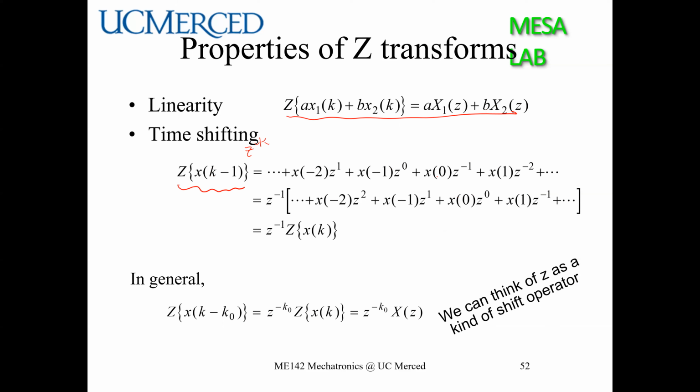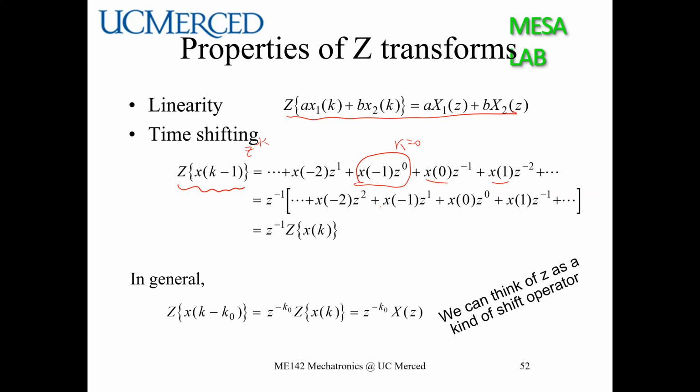Here, when k is 0, then k minus 1 is minus 1, and so on, you have all these terms. Somehow I can pull out Z minus 1.